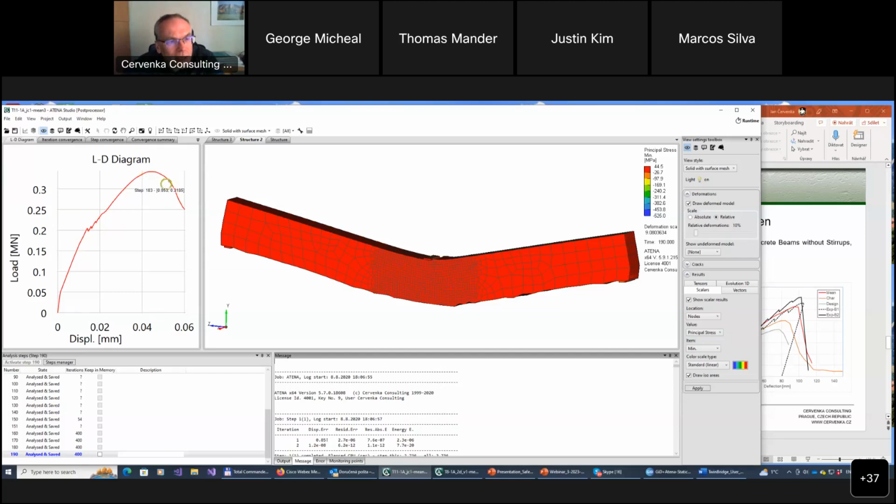So I can easily go to post-peak. I think you can understand that if I keep increasing loads, I will be applying forces. Then at some point, if I apply force higher than the capacity, I cannot reach an equilibrium.